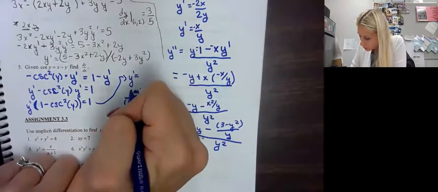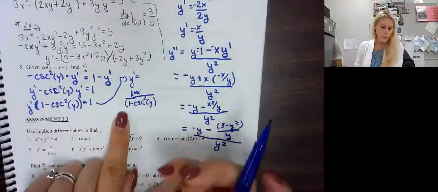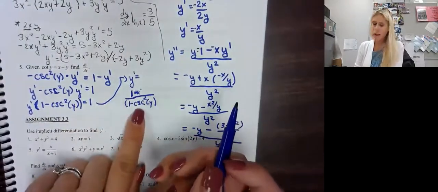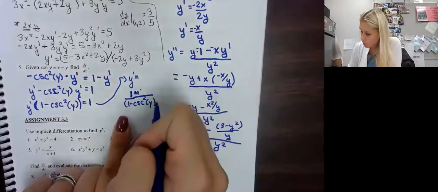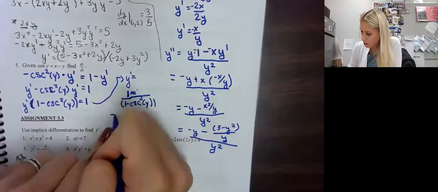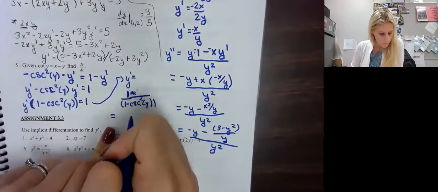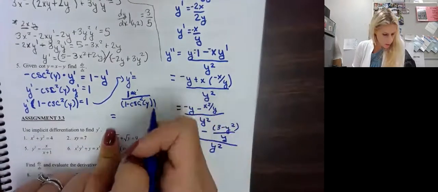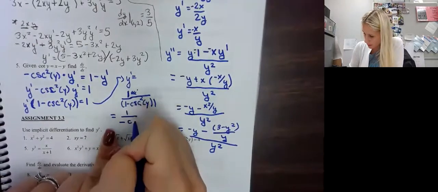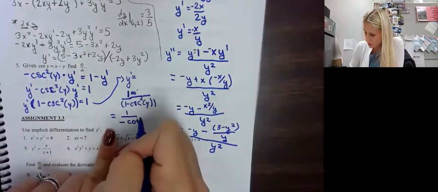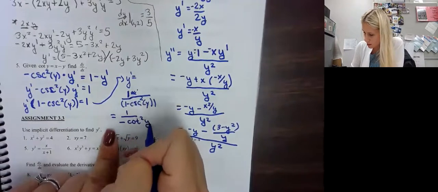Okay, now I want to show you a trick though, because if you didn't know, this was actually one of the Pythagorean identities. So we can actually simplify that even more to 1 over negative cotangent squared y.